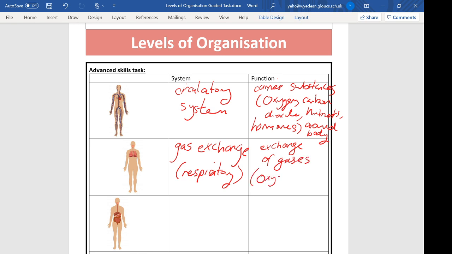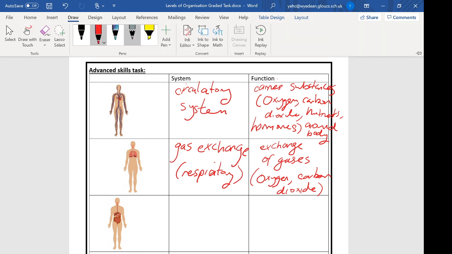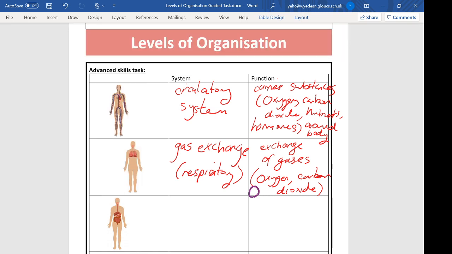Mainly oxygen and carbon dioxide. If you want to be really fancy, you could even give the chemical symbols of those. I'll put it as oxygen comes in O2. They come in pairs. Carbon dioxide is CO2.